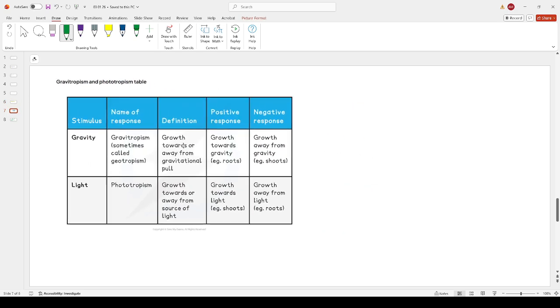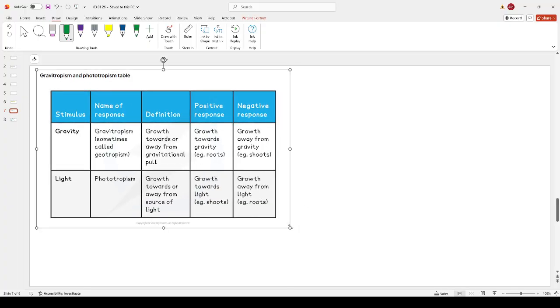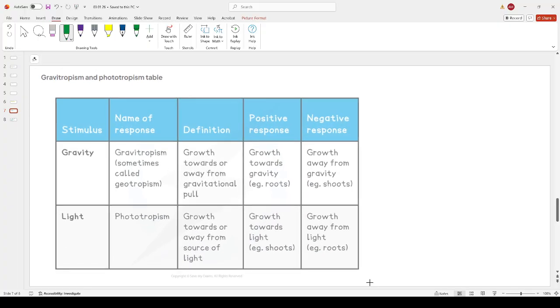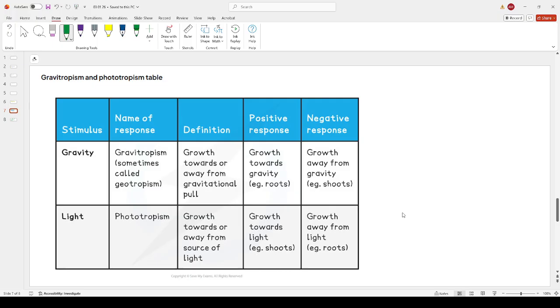Okay, so the gravitotropism and the phototropism table. So, stimulus. Name of response, gravitotropism, sometimes called geotropism. So stimulus is the change, and gravitotropism is the response, so how the plant responds. Growth towards or away from gravitational pull.